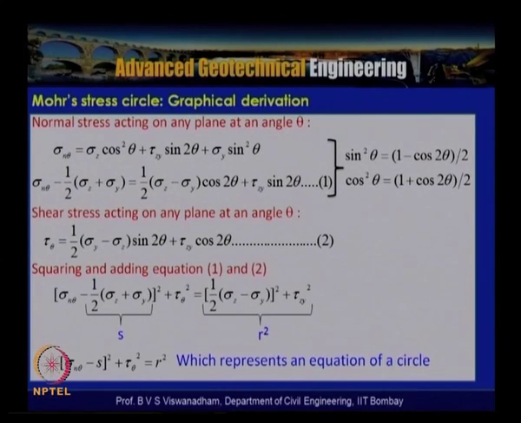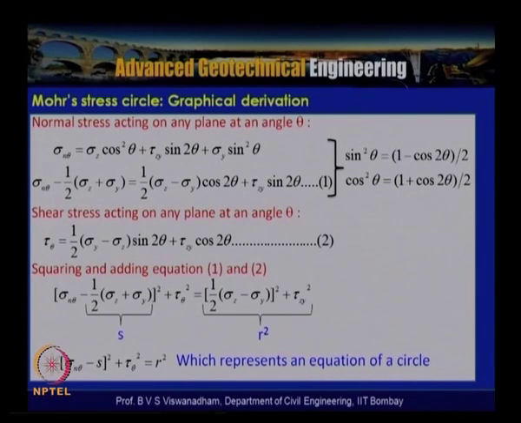So the shear stress acting on any plane at an angle theta is given by tau theta is equal to half (sigma x minus sigma y) sin 2 theta plus tau xy sin 2 theta. So tau theta is equal to half (sigma y minus sigma x) sin 2 theta plus tau xy cos 2 theta.